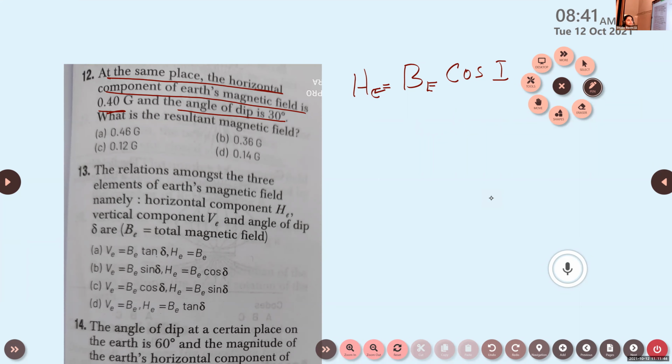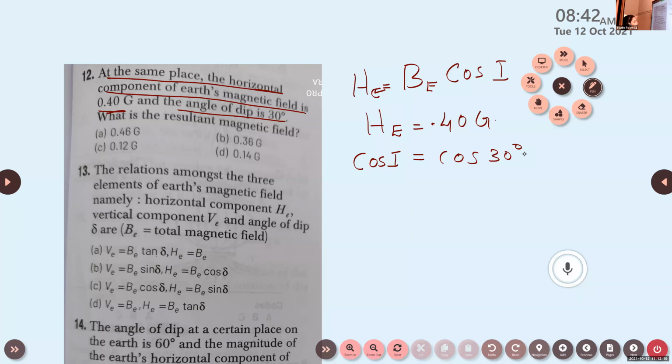The equation is H = BE cos I. The horizontal component of the Earth's magnetic field is given, HE = 0.40 Gauss. The angle of dip is given, that is cos I = cos 30.